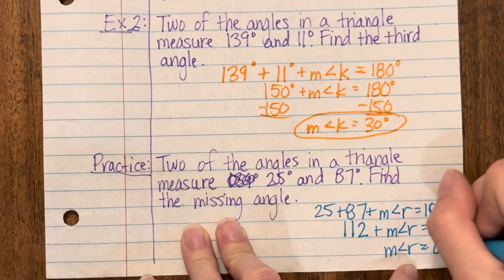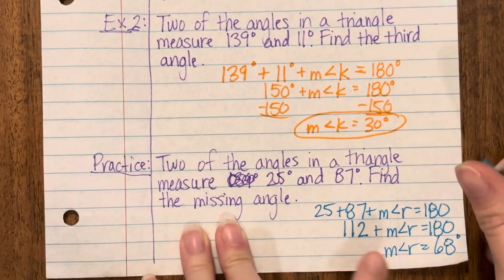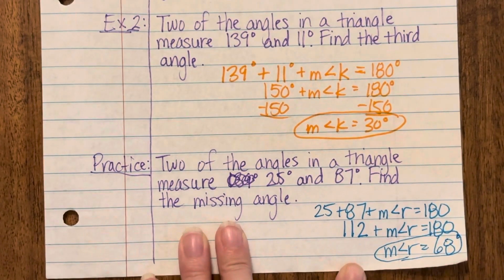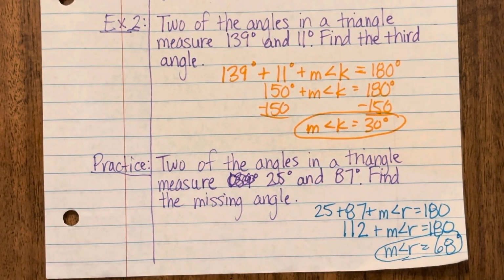This is gonna be 68 degrees. Okay, so the measure of angle R is 68 degrees. And now I'm so worried about going off the page, I keep standing up to look. The problem is that I can't actually see the recording while I'm doing this, and it makes it challenging.